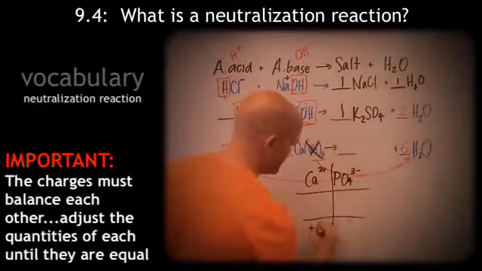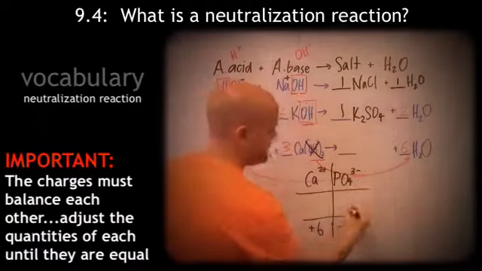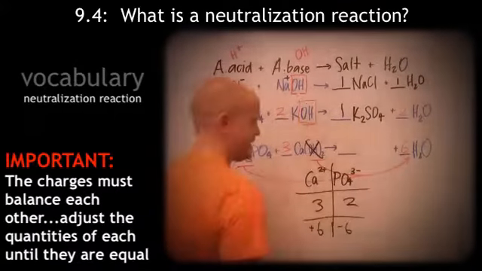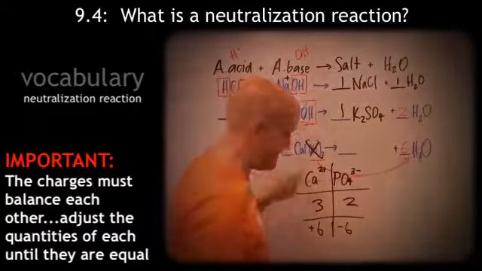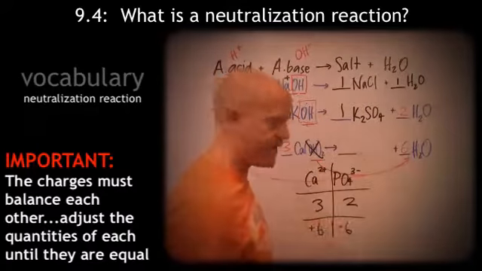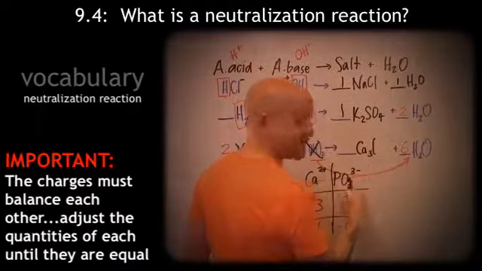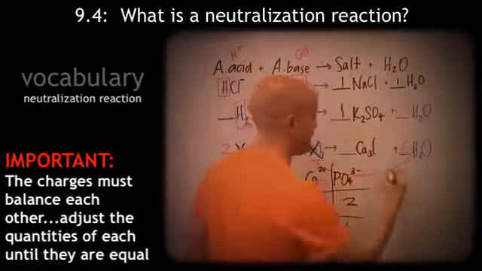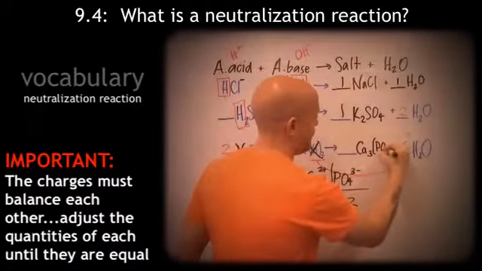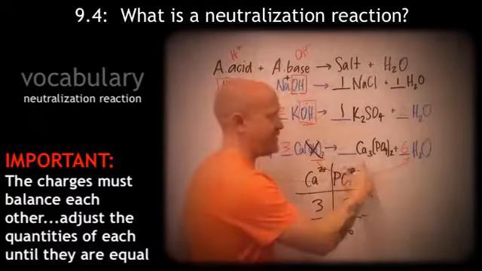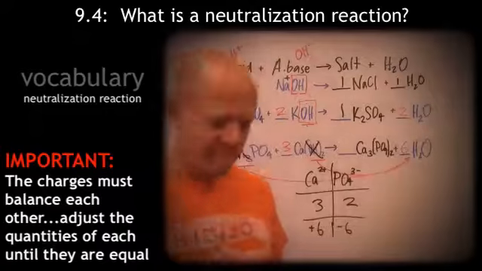They both need to go into 6. 3 times 2 is 6, and 2 times 3 is 6. So the way I'm going to write it is Ca subscript, PO4 subscript, or Ca3, I need brackets because I got a couple of competing subscripts, PO4 2. So calcium phosphate, Ca3(PO4)2.